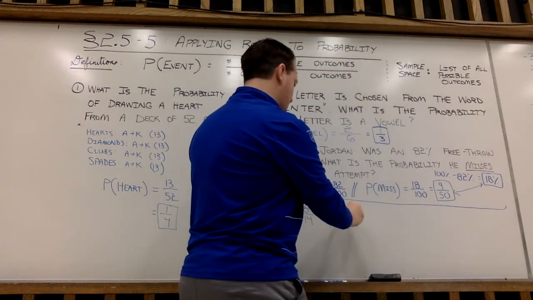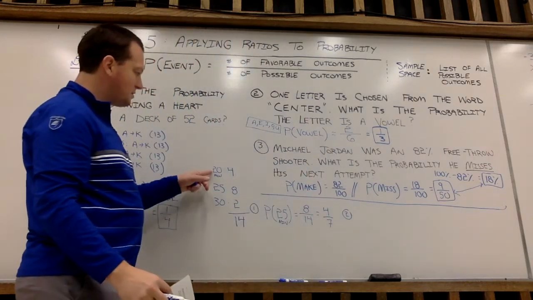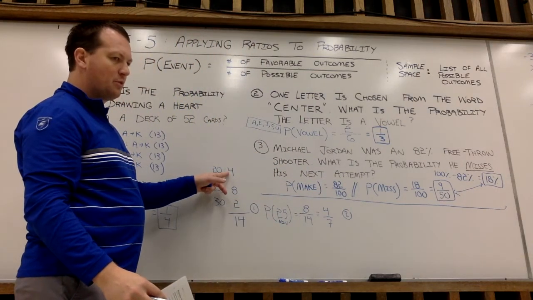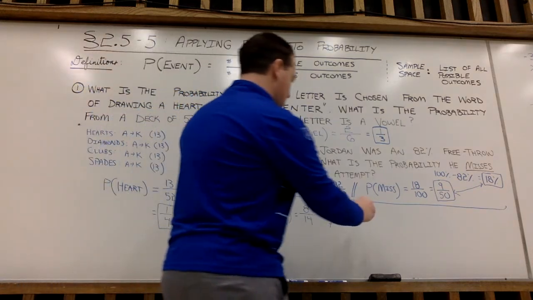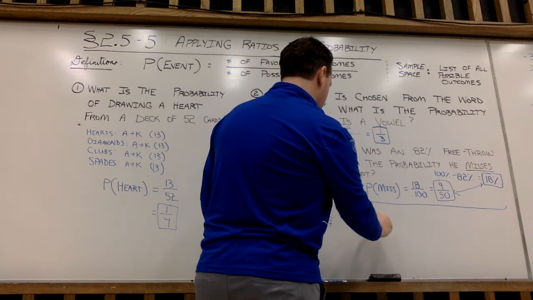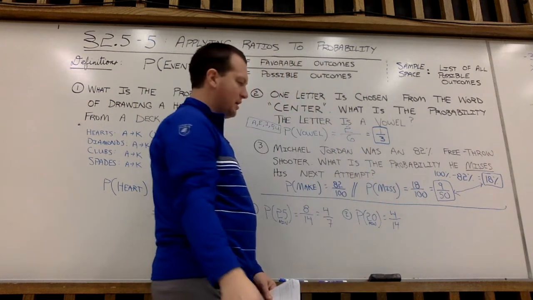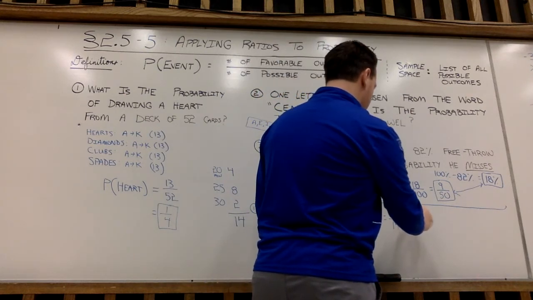Question 2 on the assignment says, what is the probability the trip will take 20 minutes? Well, there are 4 favorable trips out of the 14 total. And we can reduce, dividing by 2, and get 2 over 7.